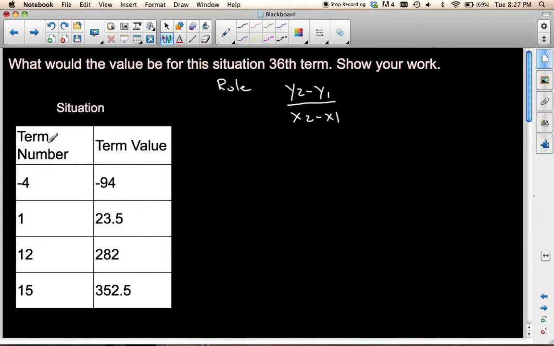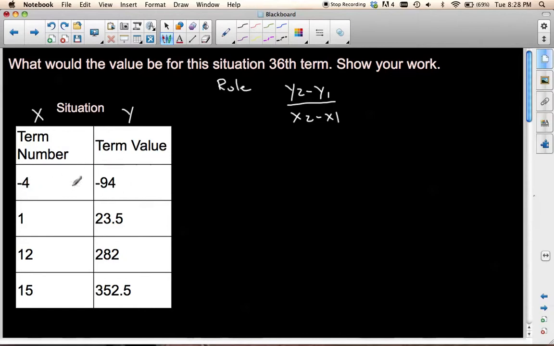Now in case you guys forgot, whenever you have a table of values, our first value is x and our second value is y. So we have to pick two numbers, two from our y and two from our x, to work into our equation. Whatever number you pick on a line, you have to pick its opposing number. So if I pick negative 94 for my y, negative 4 has to be my x.